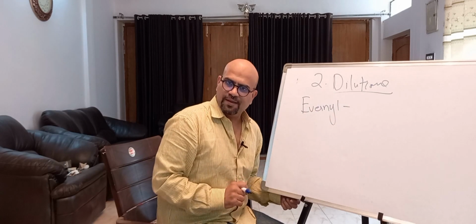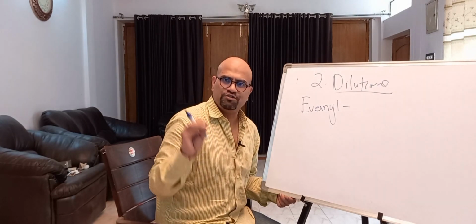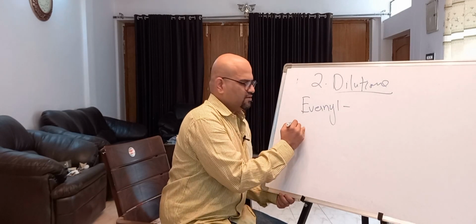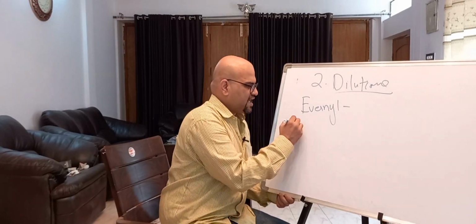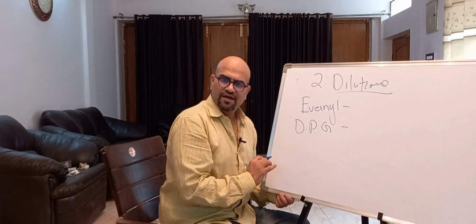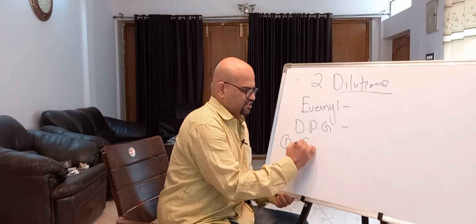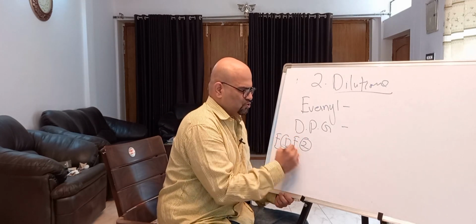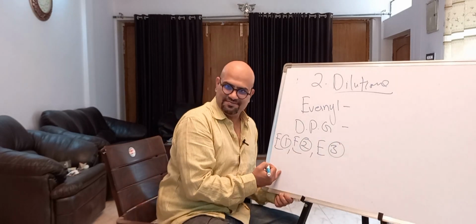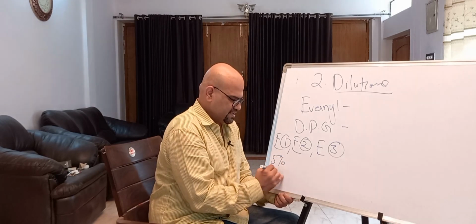Now, before you get the formula, I want you to do an exercise, and I really want you to concentrate on it. Take Evernyl with your diluent or solvent as DPG, dipropylene glycol, and I want you to make 3 different samples of it, E1, E2, and E3. Right? In the first one, 5% in DPG.